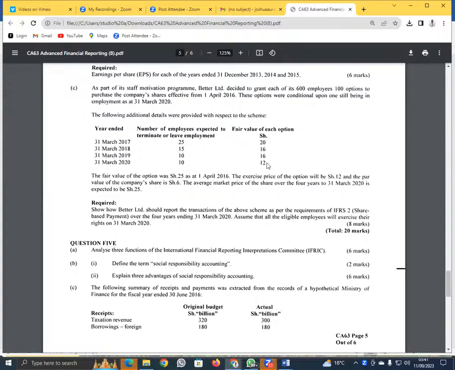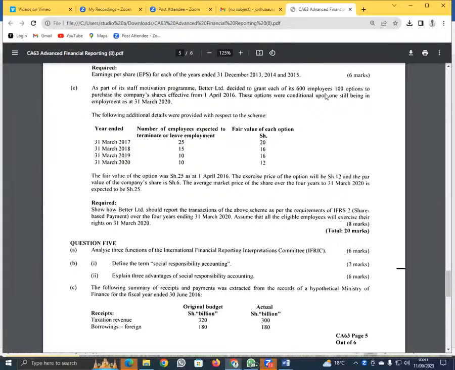I will stick with the fair value as at the grant date to the end. So what is it that these guys are promised? We are told as part of its staff motivation program, Better Limited decided to grant each of its 600 employees 100 options to purchase the company's shares.